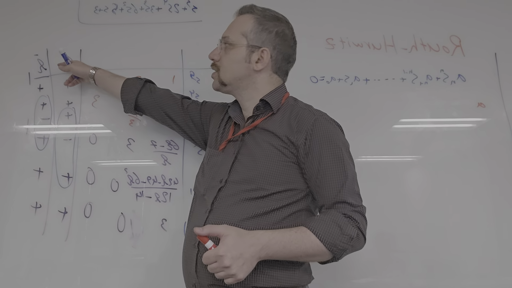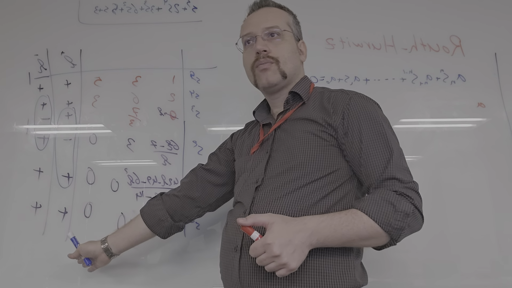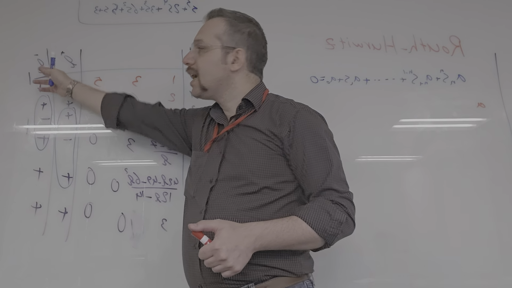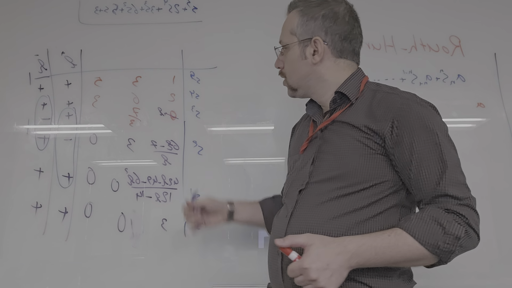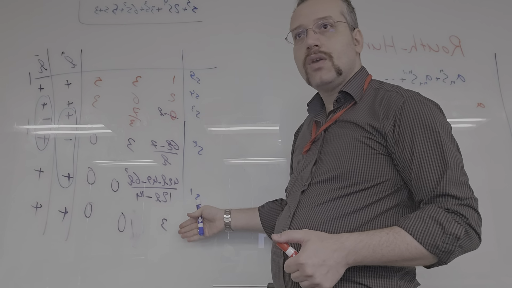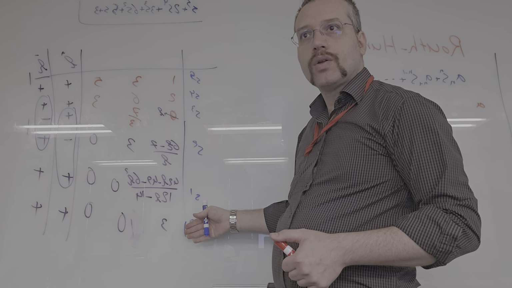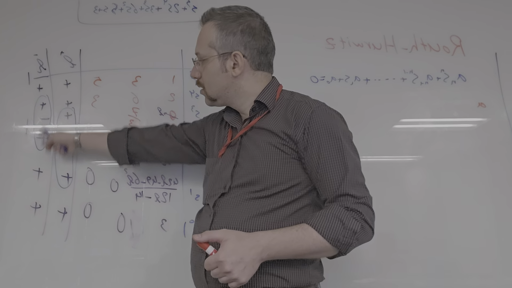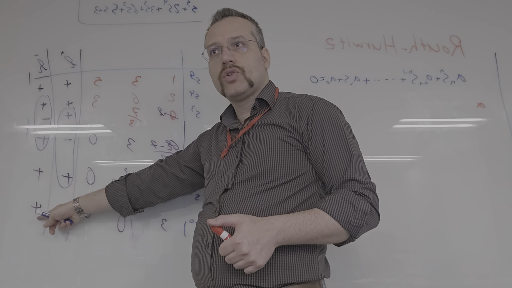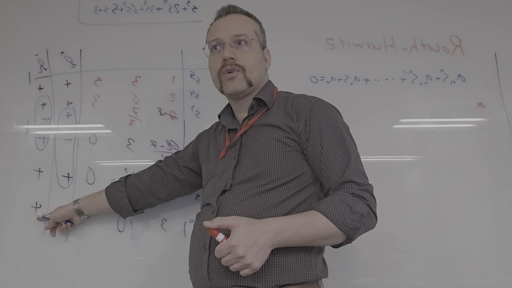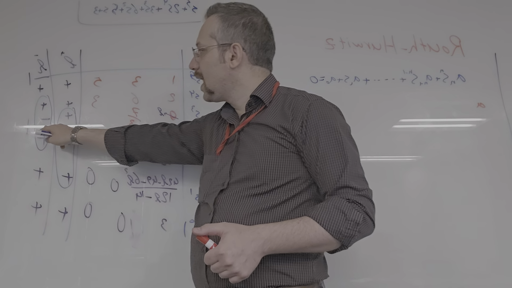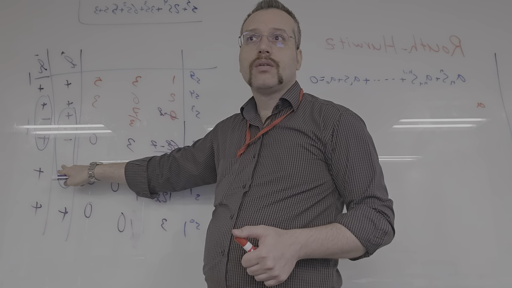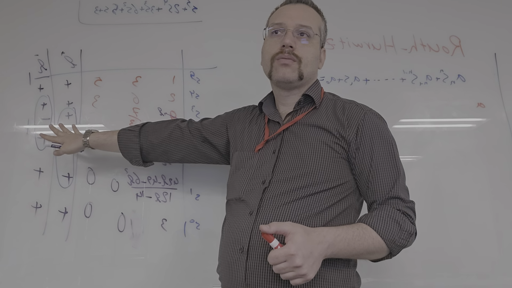So for tiny positive epsilon, this is the polarity of the first column. Now, if we have a tiny negative value for epsilon, again, we see what's going to be the polarity of these numbers. If we run the analysis, we are going to see these are the polarities of each of the components in the first column. Now, if we have a change of polarity, we said that's a criterion of instability. So this is not stable.